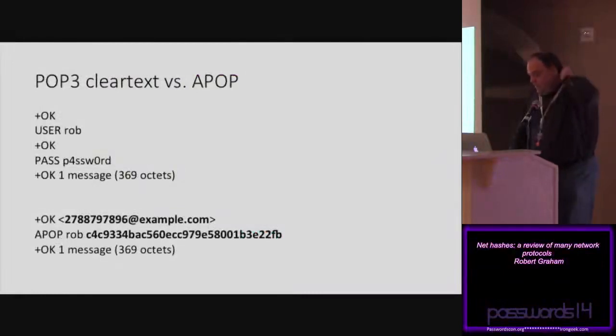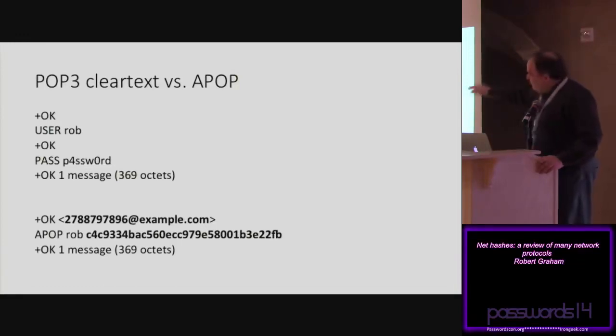So POP3 supports a more secure method called APOP. If the server supports that, the first OK message I get when I connect via the TCP connection has a random string in brackets. Most of the time, that string consists of a timestamp followed by their domain name, which is the standard technique.